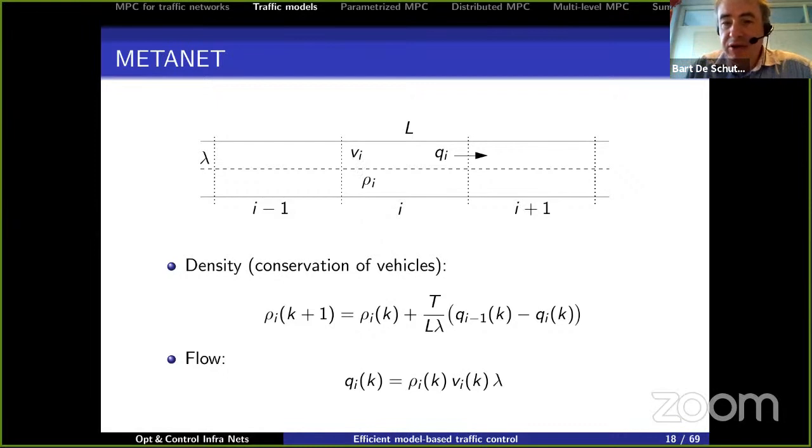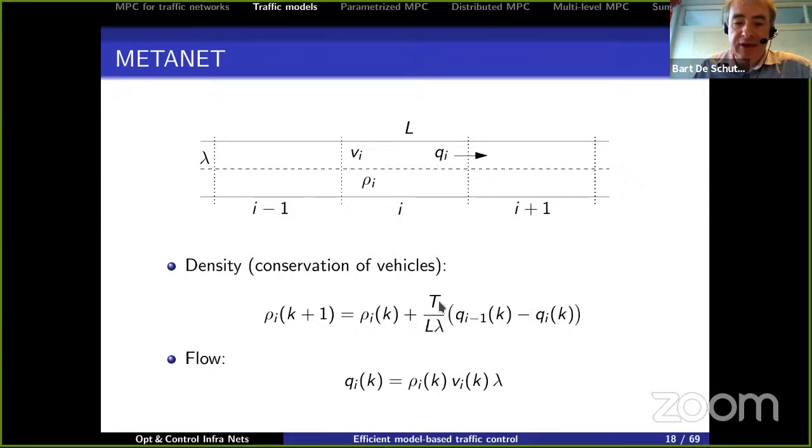And let us now discuss the relations between those variables. First of all, for the density, we have again a conservation law. And so we look at the outflow that is here Qi. We look at the inflow from the preceding element.